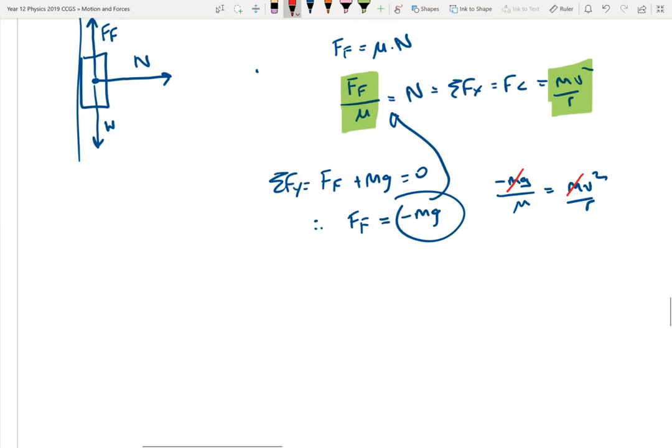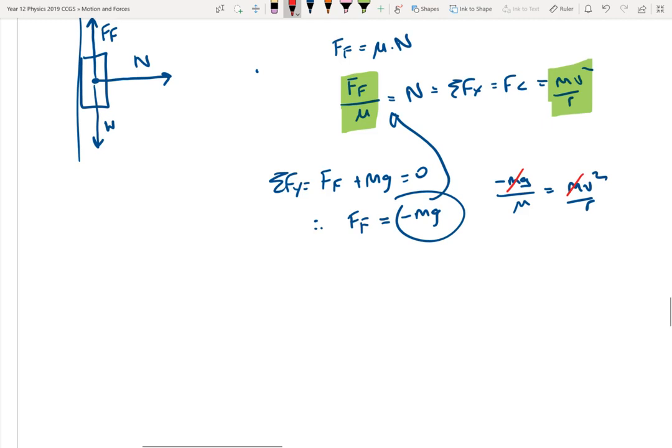Your velocity depends on a few things. The bigger the radius, the faster you can travel. The stickier the surface between the wall and the tyre, if that gets bigger, hang on, is that right? Mg on mu.